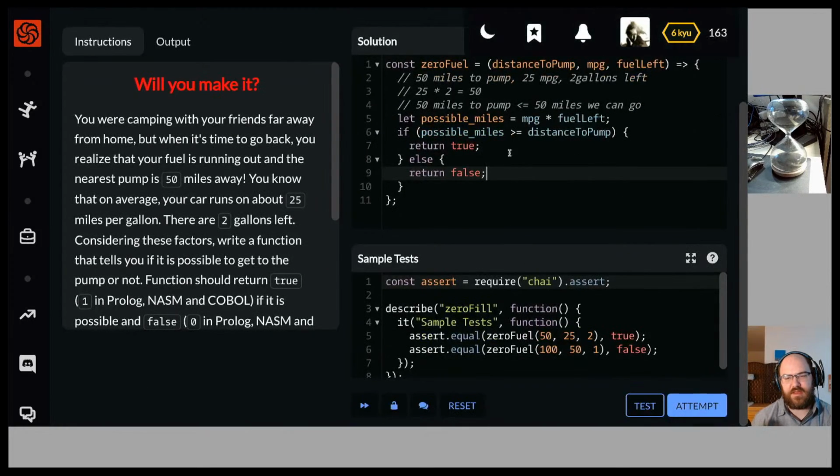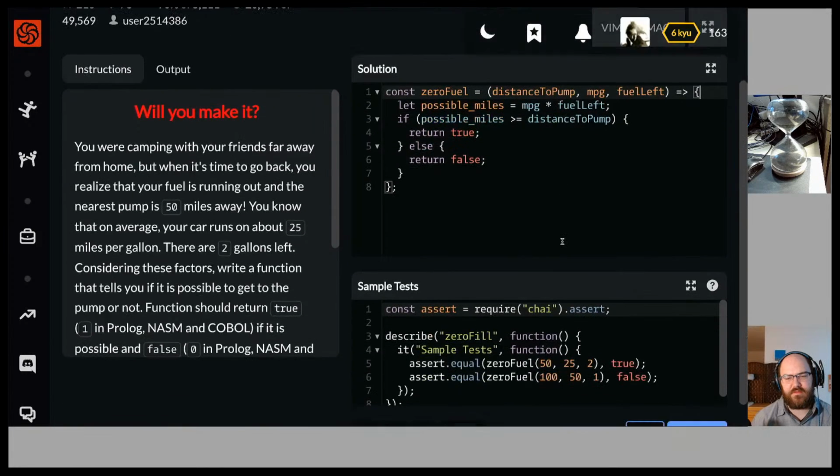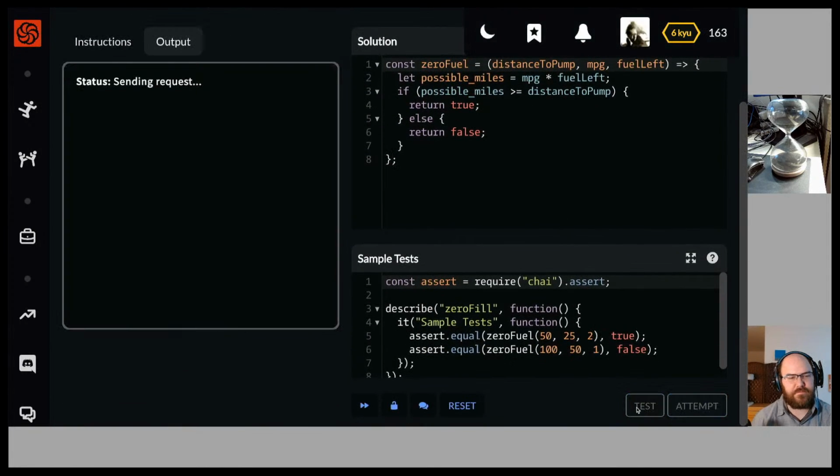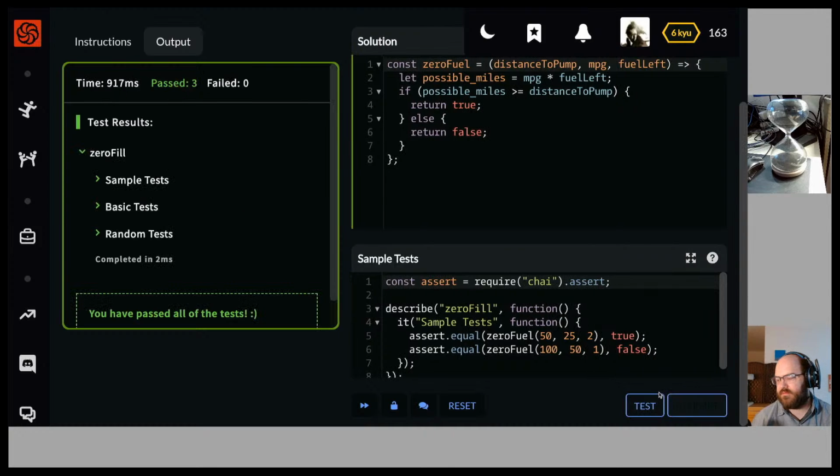Okay, let's test. Let's delete my scratch work. Looks good.